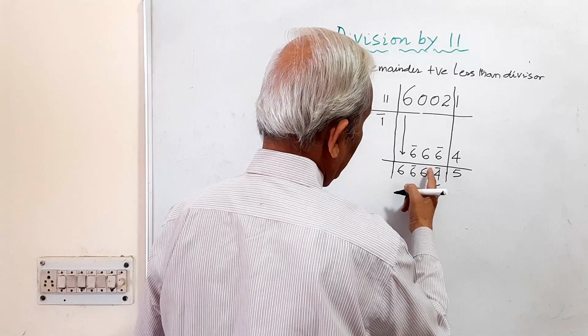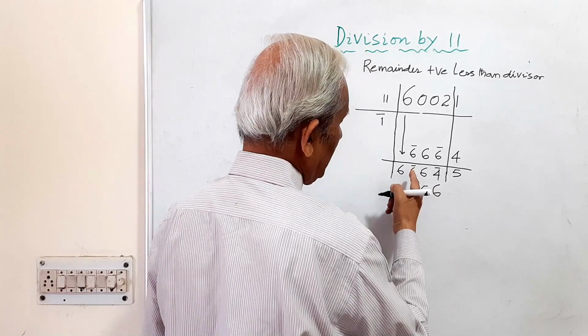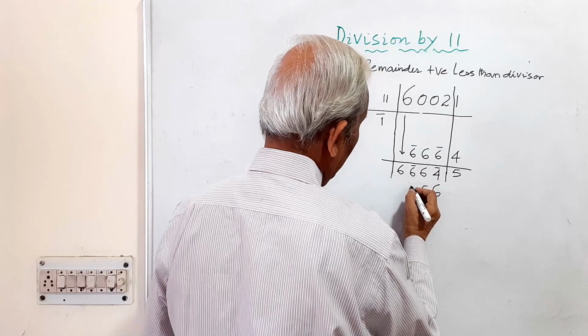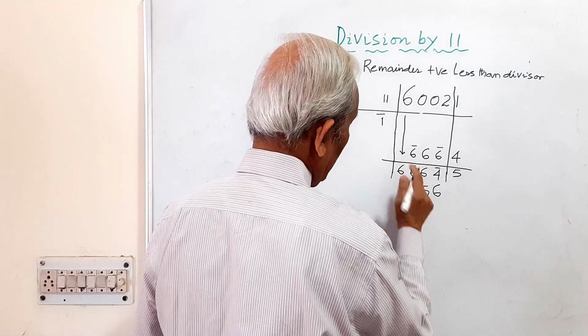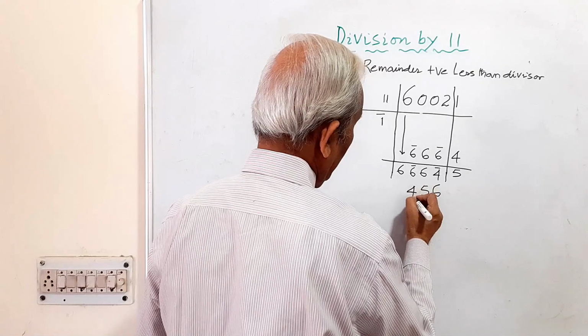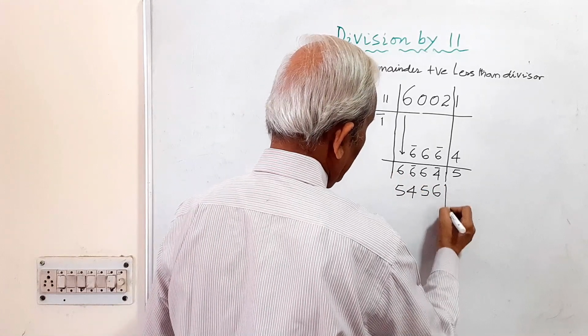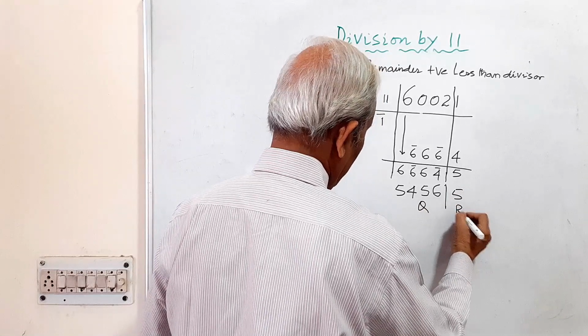Now there is no bar here, so we reduce it by 1 and it is 5. Then again 6 bar. Again we reduce it from 10, since it's not continuous, you start again with 10. 10 minus 6, 4. Reduce this by 1, it becomes 4. So 5, 4, 5, 6 is the quotient and remainder is 5.